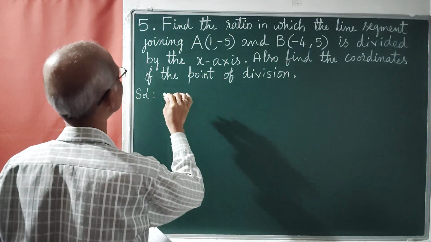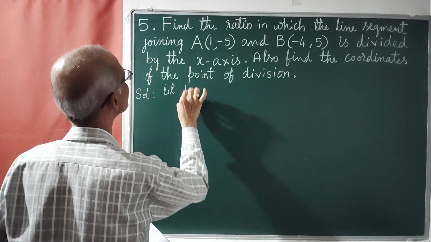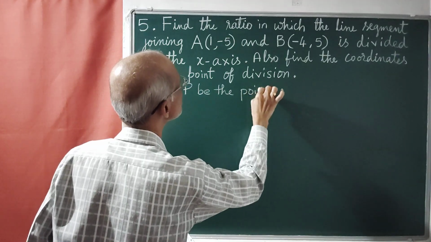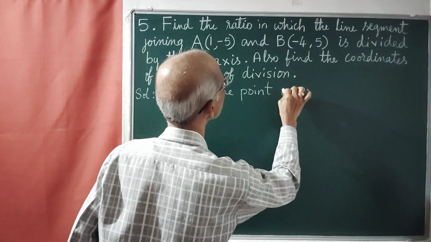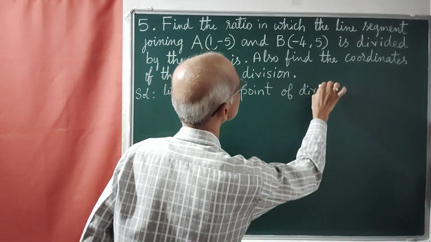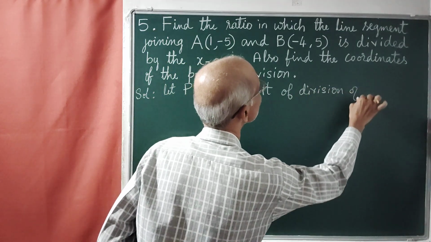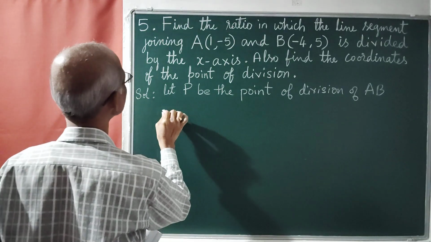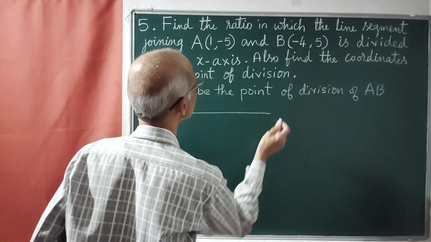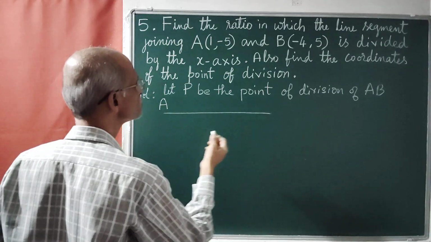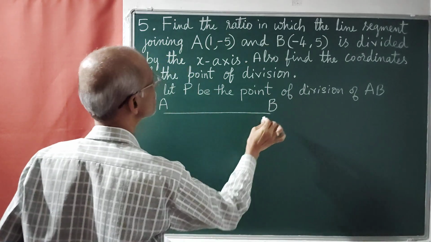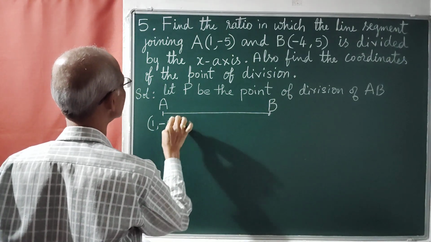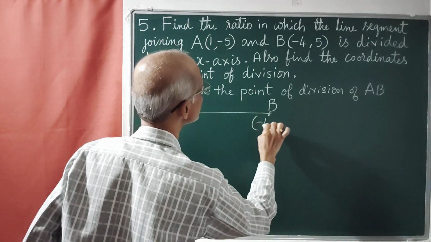So let P be the point of division of AB. This AB has points A (1, -5) and B (-4, 5).